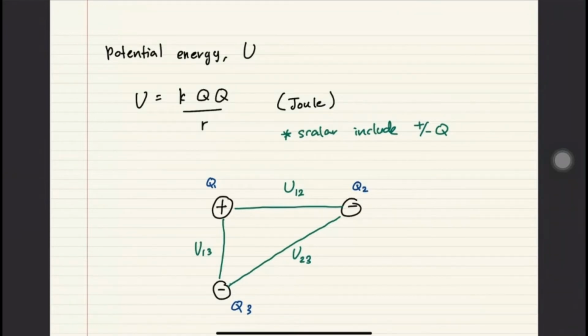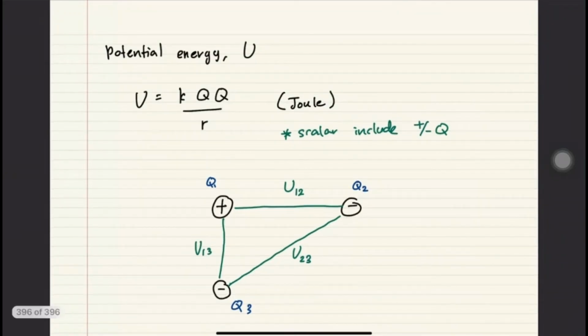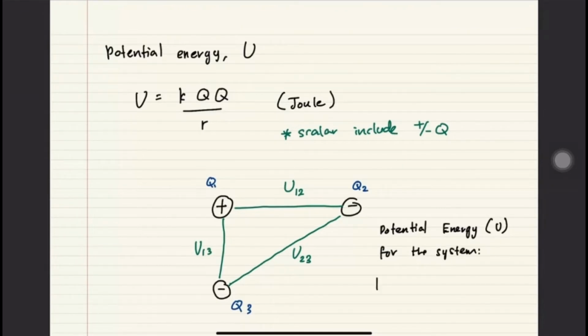So if the question want you to calculate U, potential energy, U for the system, okay, you can use U total ke ataupun U123 and you just have to add up everything. At most dia boleh tanya 3, so at most is 3 lah. Dulu dia boleh tanya banyak, sekarang dia dah tak lah.